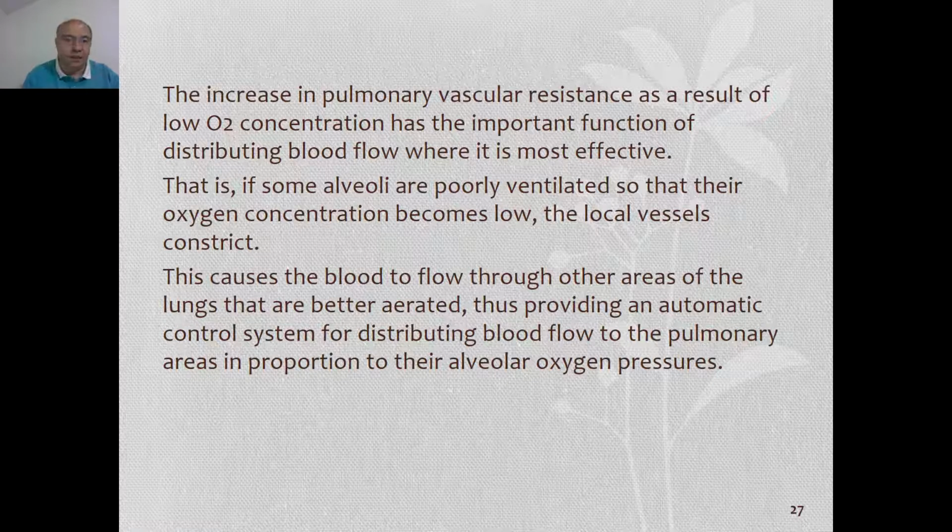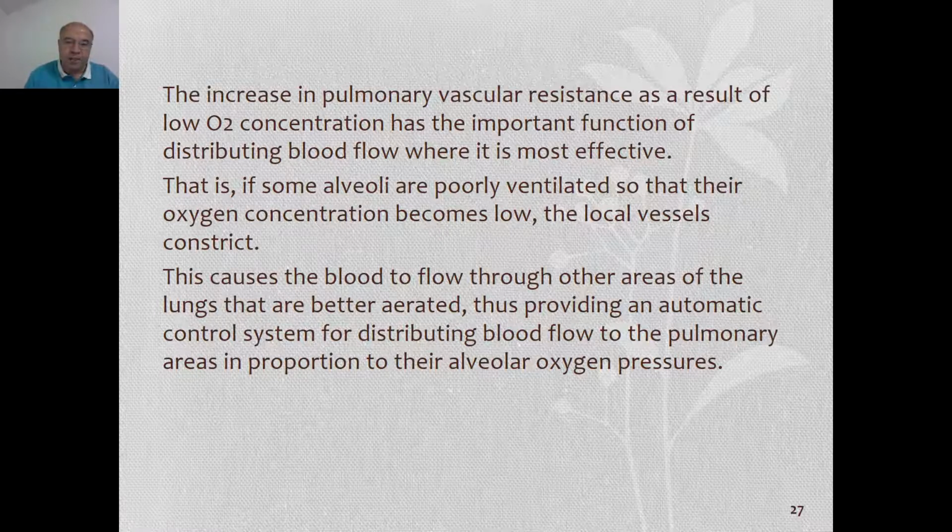The increase in pulmonary vascular resistance as a result of low oxygen concentration has the important function of distributing blood flow where it is most effective. That is, if some alveoli are poorly ventilated so that their oxygen concentration becomes low, the local vessels going to those alveoli will be constricted.